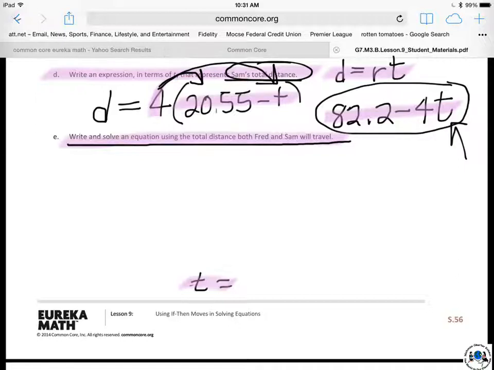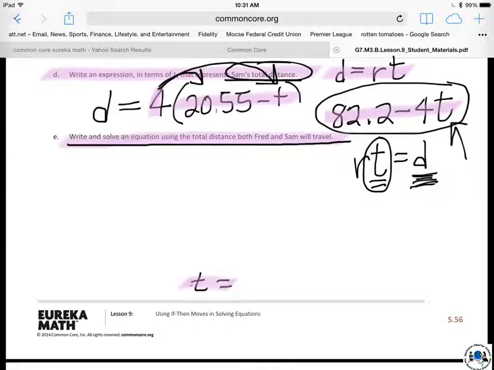And we can do it that way, or we could flip it, because the truth is we know with multiplication, r times t is going to equal d. That's the same. It's always good to have this number on the right side, and your variable over here. We know our variable is going to be t, so let's put it on the left, and then we have a distance number already.